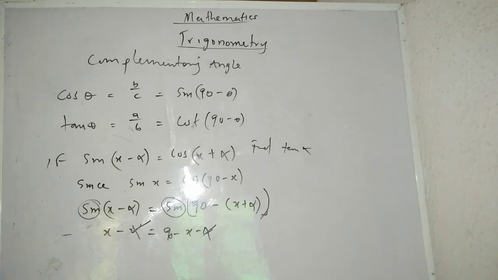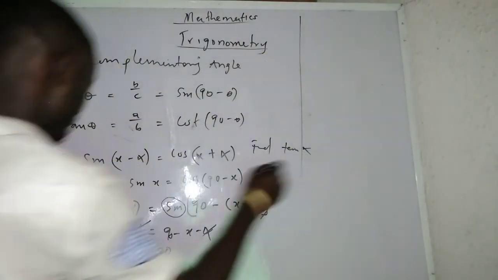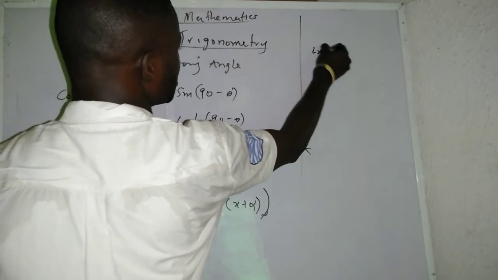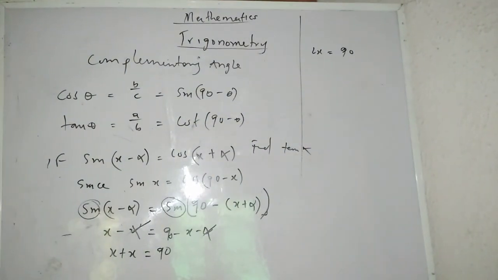Now it means I can say that x plus x equals 90, so 2x equals 90.